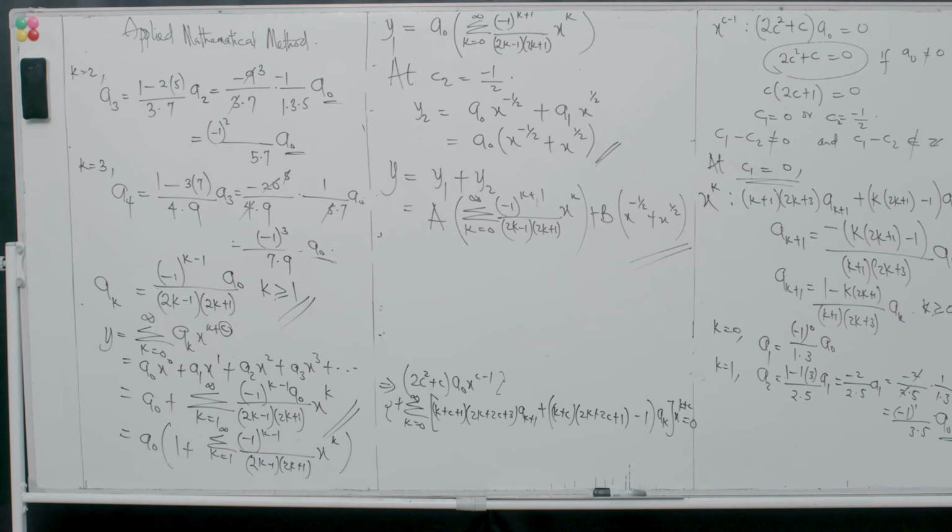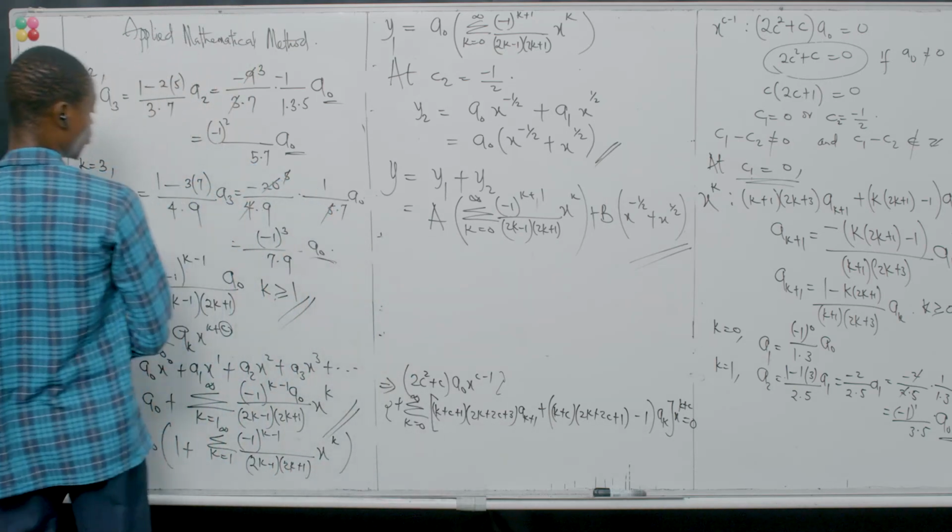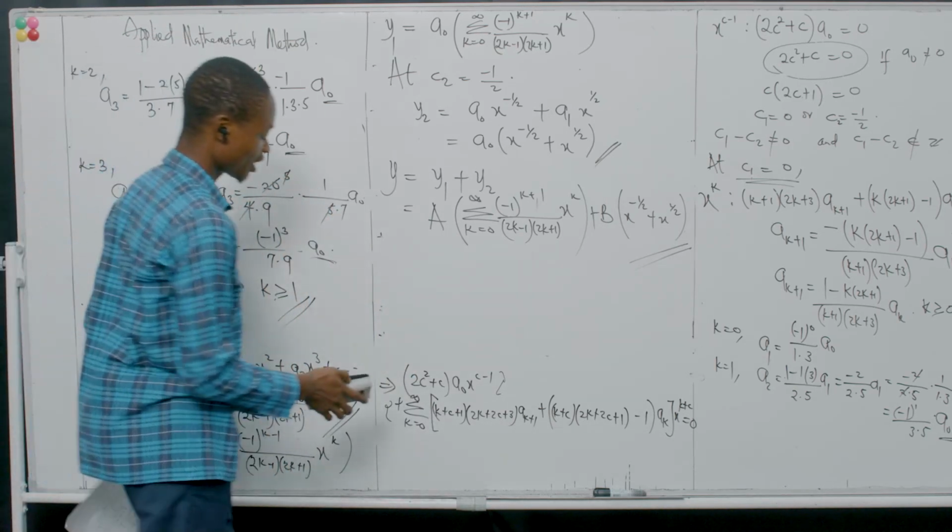Let's quickly rush to method 2. Let's rush to method 2, and then I'll just give you a brief overview of what method 2 is all about. Usually it's method 1 that is so common, but we should not underestimate anything.